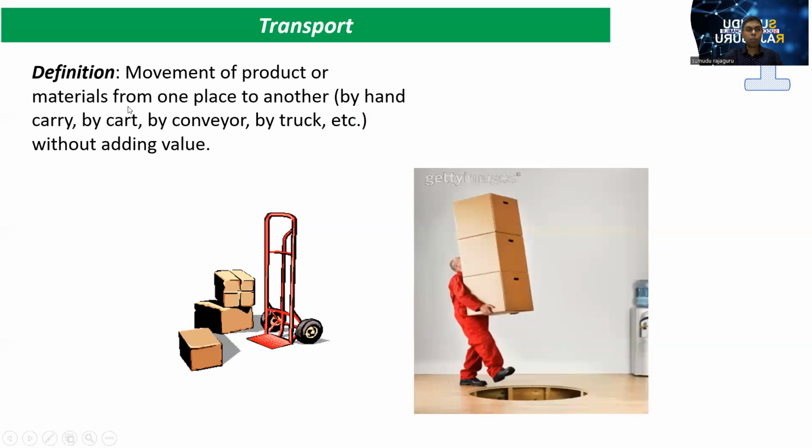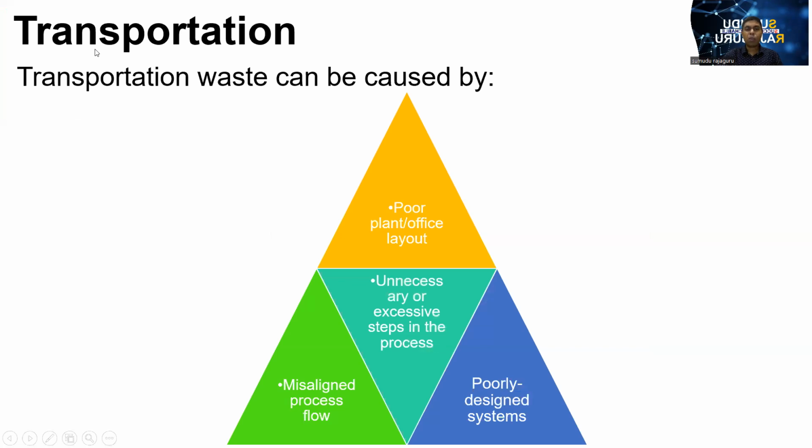Movement of product or material from one place to another without adding value, those kinds of activities we call transport-related waste. These are the causes: poor plant and office layout, unnecessary or excessive steps in the process, misaligned process flow, poorly designed systems.